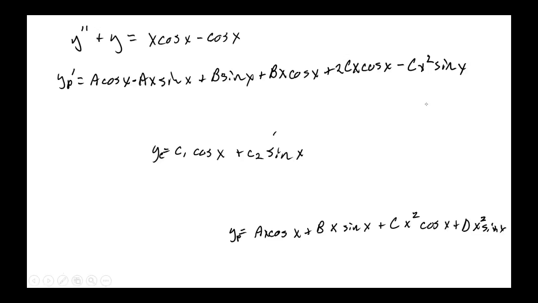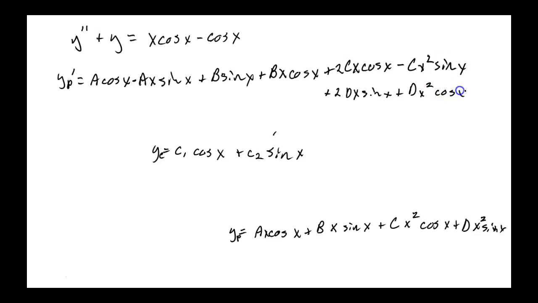Still got the d to go, so I'm going to have to drop down a line. Plus 2dx sine x plus dx squared cosine x. This is so aggravating.